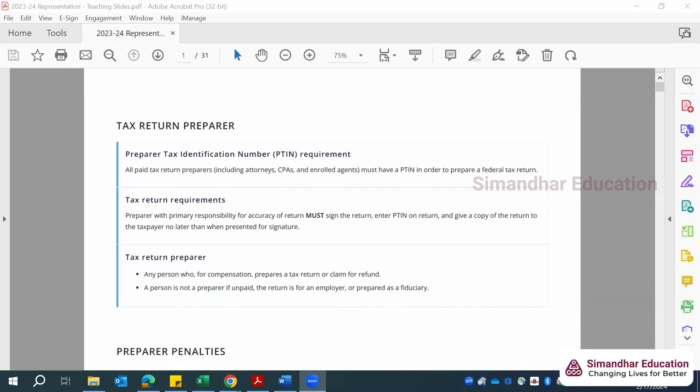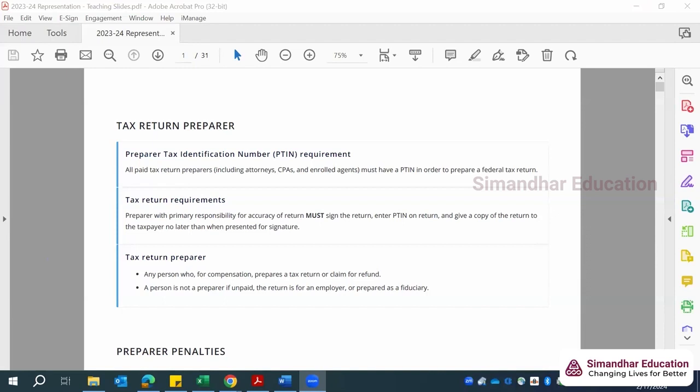Okay. So remember that if you are filing a tax return on behalf of your taxpayer, the government needs to know that you have authorized this person to file on your behalf. Okay. So in that case, the e-file authorization forms need to be signed.